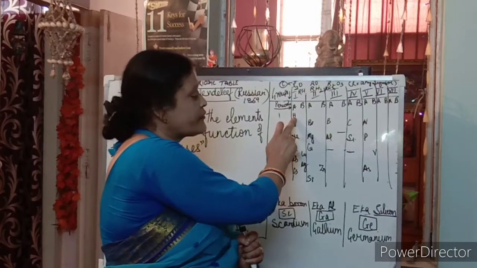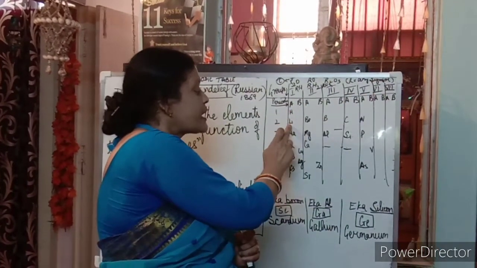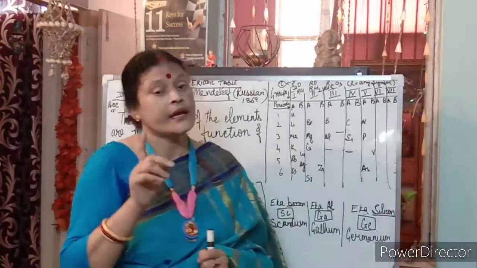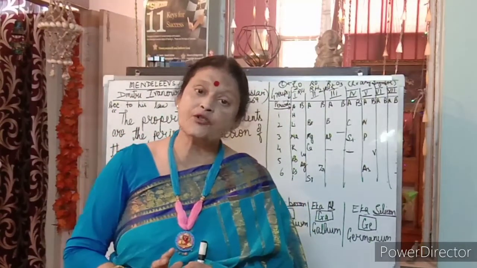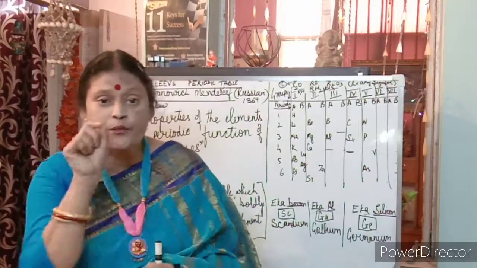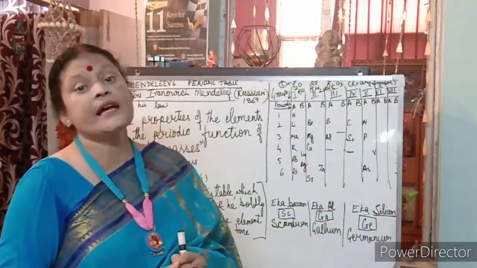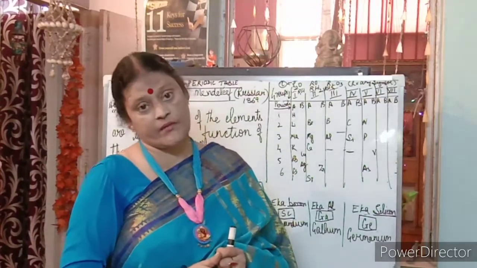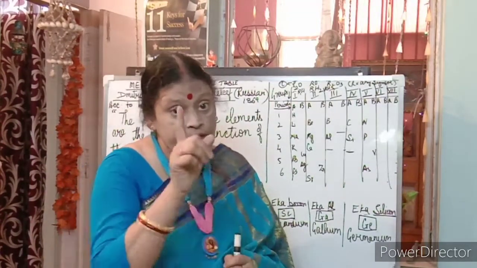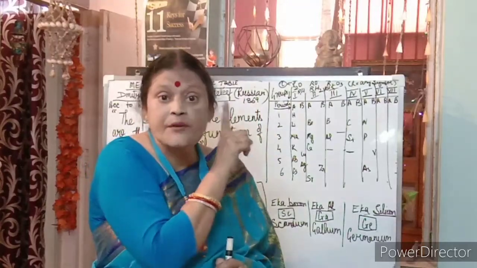Suppose I start from hydrogen, and then when it comes back here, that is lithium. He did not follow that repetition. According to their properties, he put all those elements matching in properties, according to increasing atomic mass. Clear? Don't confuse it with Newland, that is the repetition.